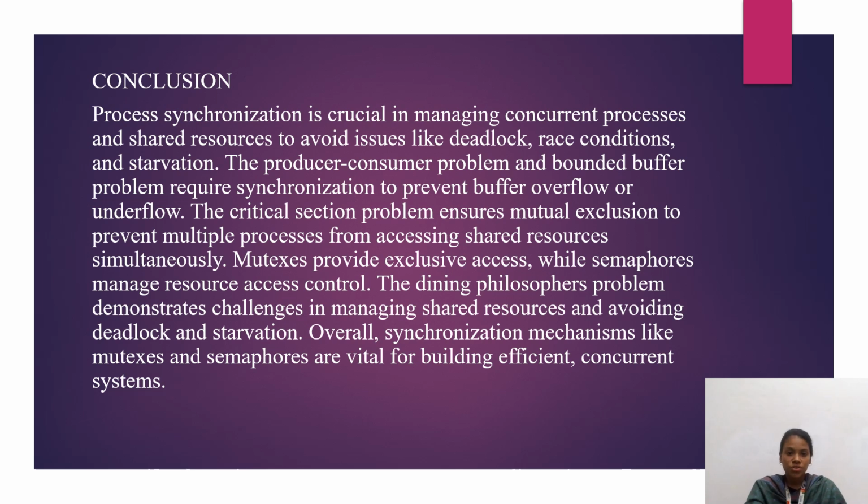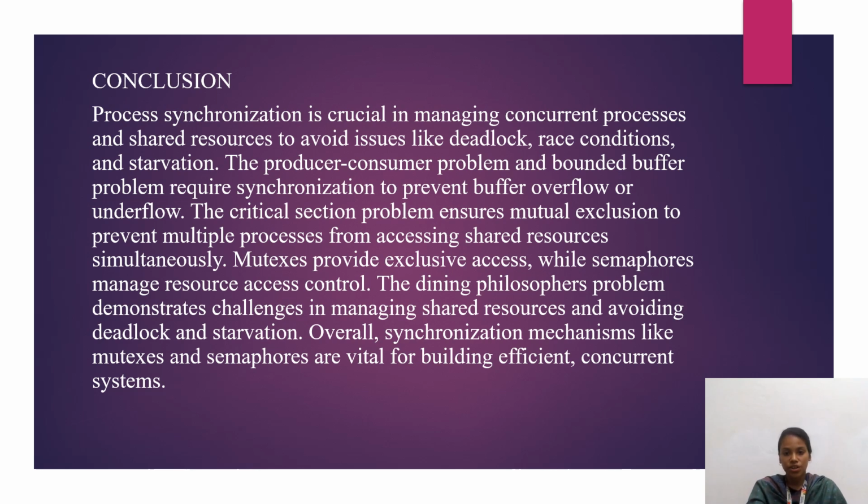Conclusion. Process synchronization is essential in managing concurrent processes and shared resources to avoid issues like deadlock, race condition, and starvation. The producer-consumer problem and bounded buffer problem require synchronization to prevent buffer overflow or underflow. The critical section problem ensures mutual exclusion to prevent multiple processes from accessing a shared resource.